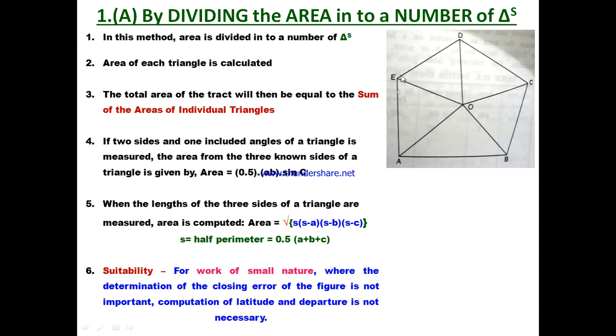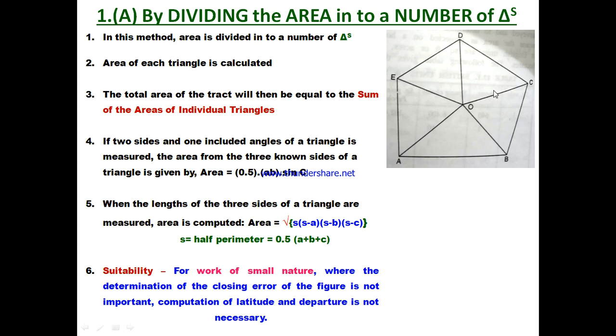So if I know the bearing and length of different traverse lines, I can easily calculate the area of a triangle. So the total area of this particular tract will be equal to the sum of the areas of the individual triangles.